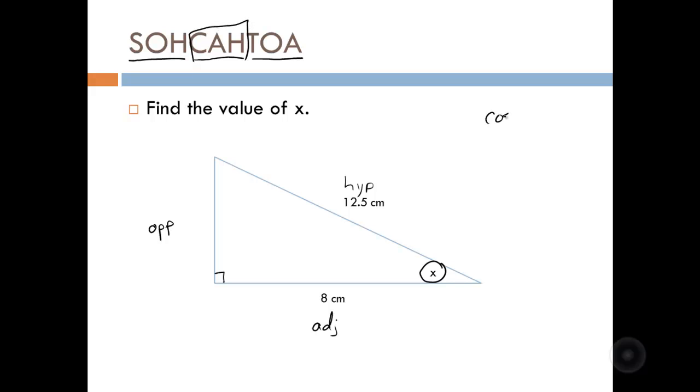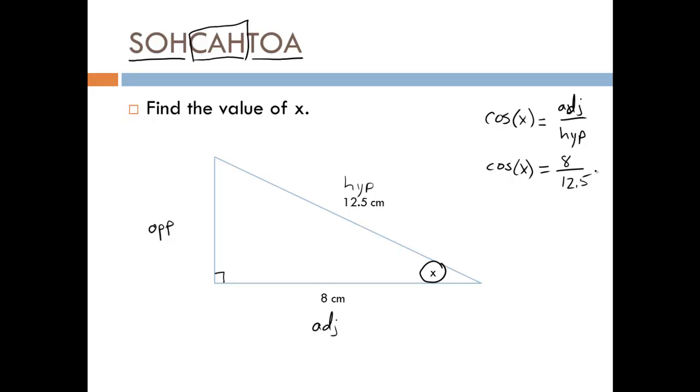So the cosine of the angle is equal to the adjacent side over the hypotenuse. So that means we have the cosine of whatever the angle x is equal to the adjacent side, which is 8 centimeters, over the hypotenuse, which is 12.5 centimeters.